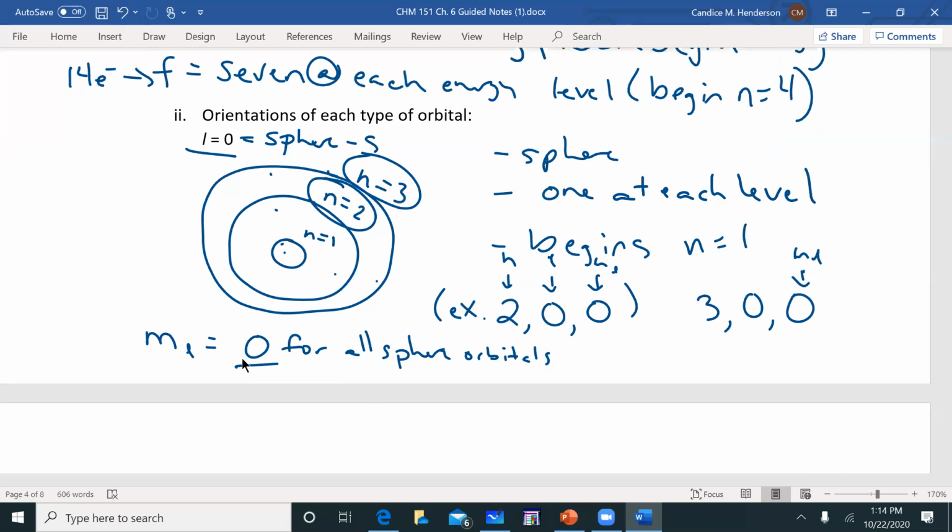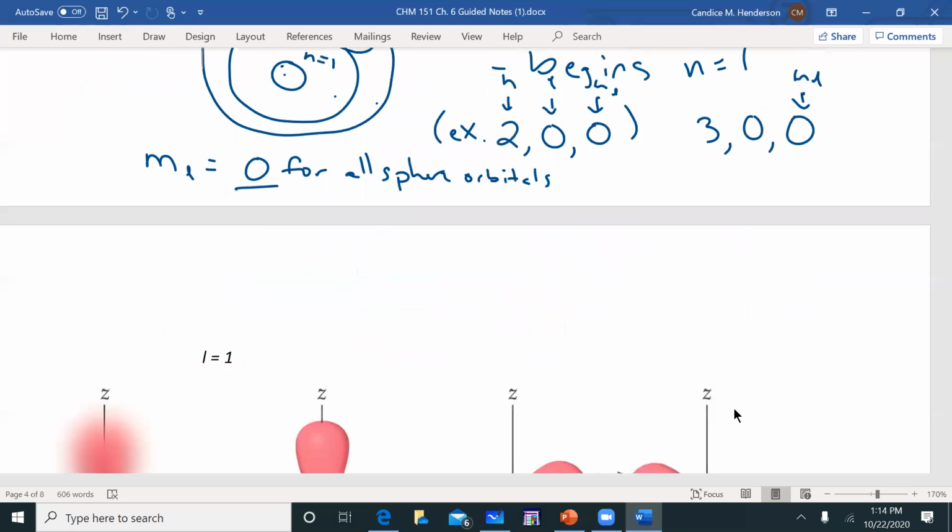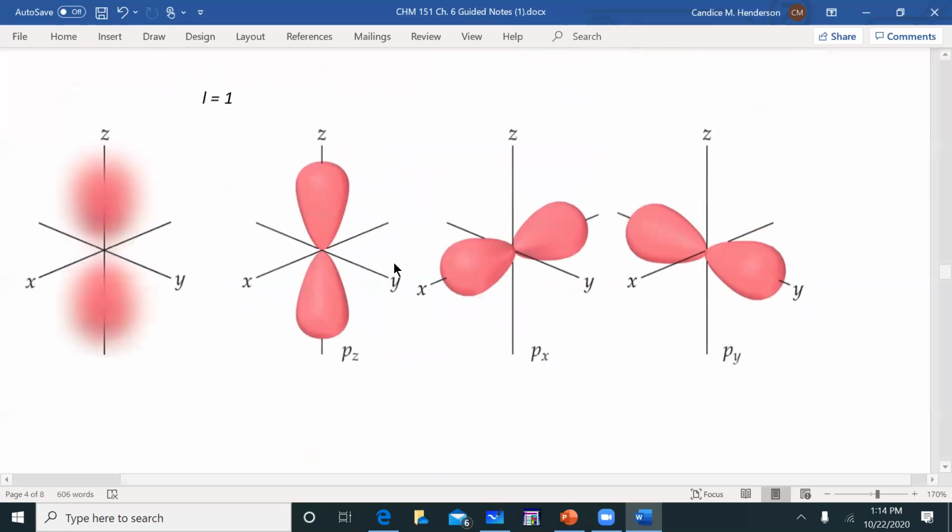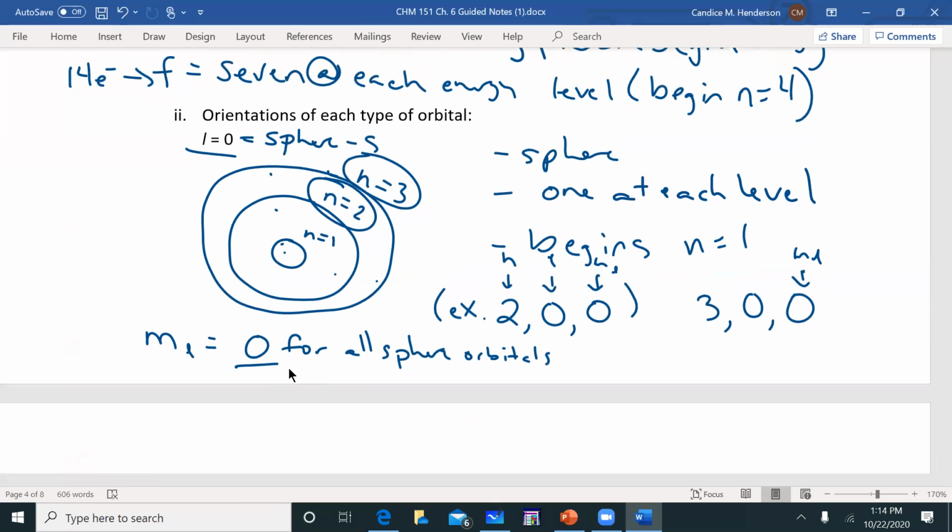It doesn't mean anything really outside of the fact that there's only one possible option for my orientation. So how do we know what the ML value is? If it's a sphere, it will always be 0. So if you're ever doing one of these for a sphere, have your ML value be 0.